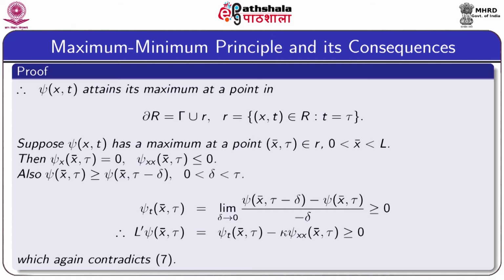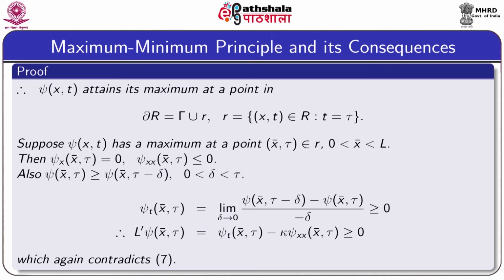Now, we suppose that ψ has a maximum value at a point (x̄, τ), and this x̄ is a point in r, where x̄ lies between 0 and capital L. Then ψ(x̄, τ) is equal to 0.